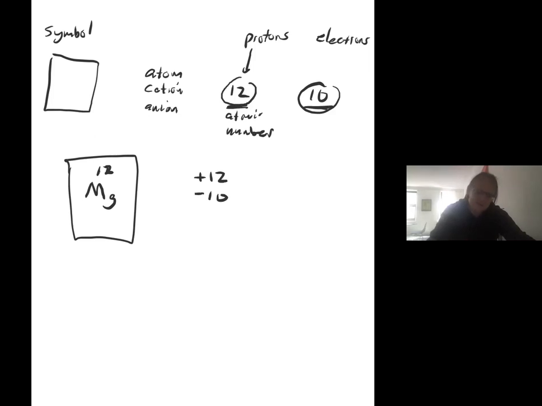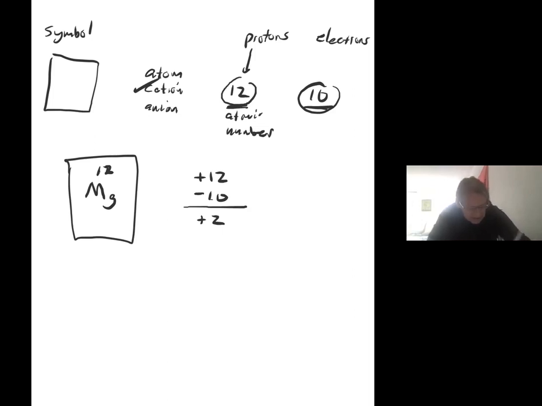So here's the way I do this. I say, look, 12 protons means plus 12. 10 electrons means minus 10. If you add those together, the positives and the negatives, what do you get? You get plus 2, right? There's more positive than negative. If it's positive, that's a cation. Cations are positive.